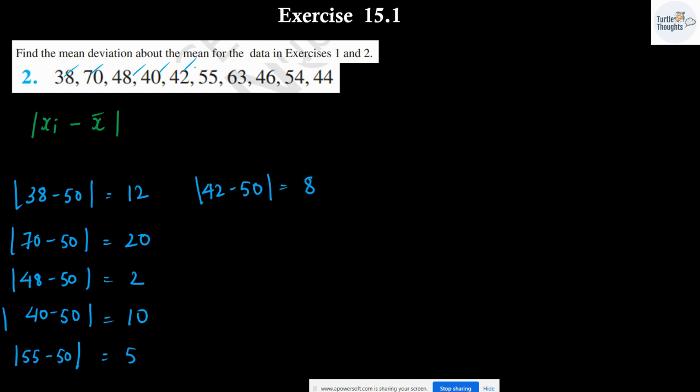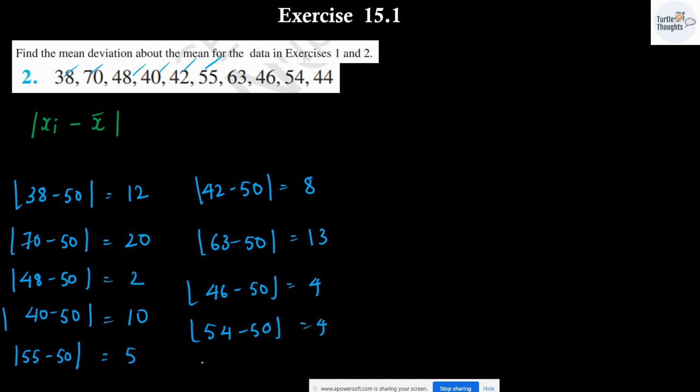Minus 8 modulus is going to be plus 8. So six numbers are done. 63 minus 50 is 13. 46 minus 50 is 4. Next we have 54 minus 50, which is 4 again. 44 minus 50 is minus 6. Modulus can be taken, it is going to be 6.